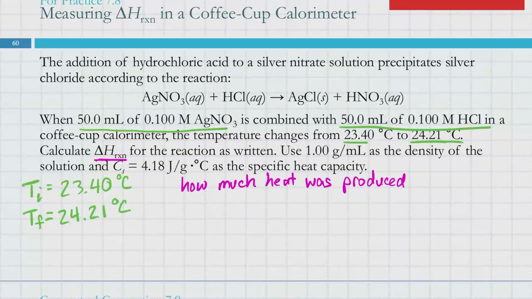And we have a change in temperature. So we've got everything that we need to solve for Q equals MC delta T. If we're using the same terms as we were using on the previous slide, this would be finding our Q of solution. So what amount of energy did our solution absorb? Any questions so far?